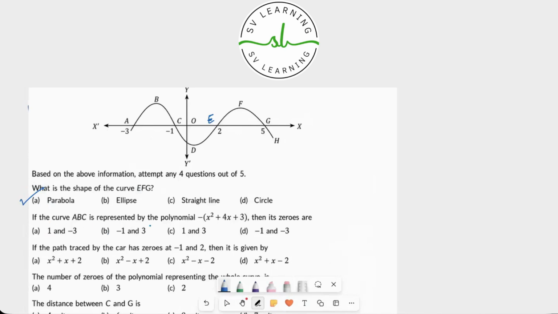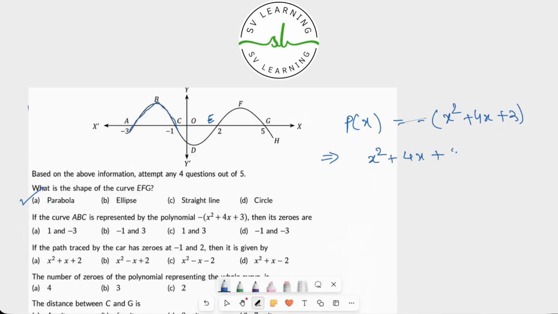If the curve ABC is represented by this polynomial, so this is the inverted parabola ABC, given by P(x) equal to minus of (x square plus 4x plus 3). So remember to equate it to 0, and you can nullify the sign on both sides.